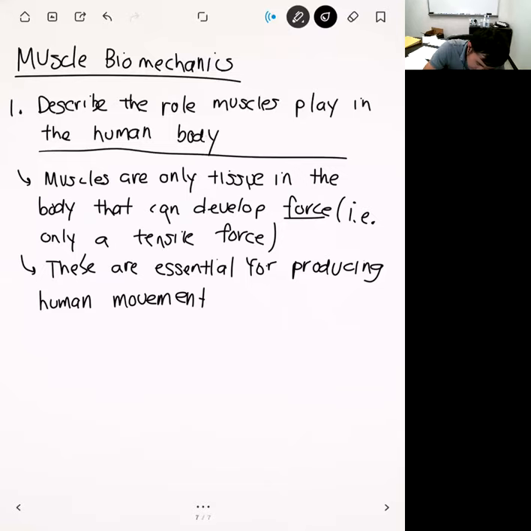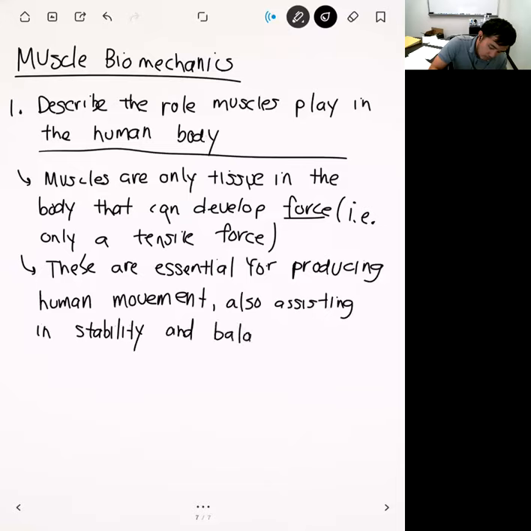Okay, all right, and so muscles are basically the things that are generating force that helps you stand up straight without toppling over.